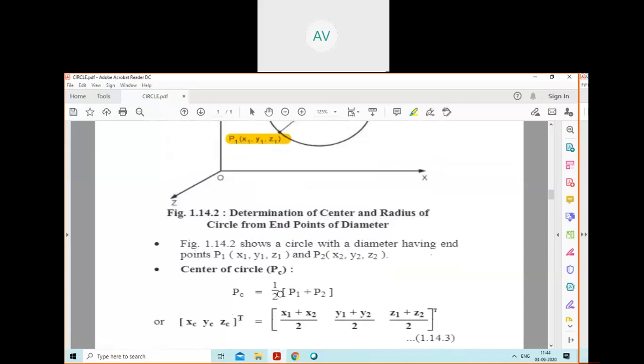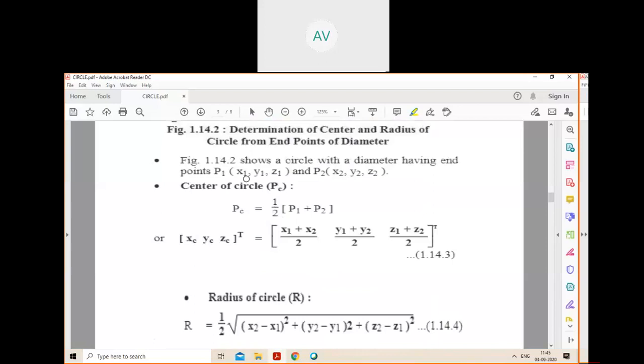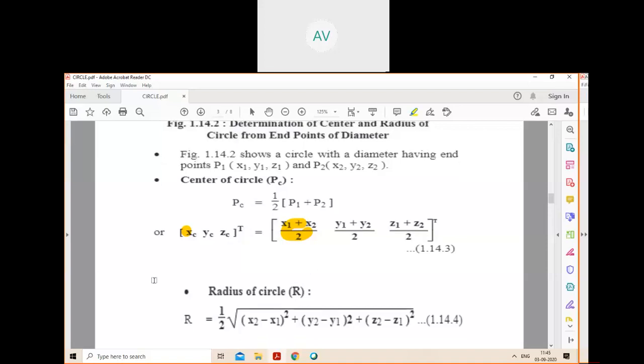To find the center of the circle, it is 1 by 2 of p1 plus p2. So it will be x1 plus x2 by 2, y1 plus y2 by 2, z1 plus z2 by 2. These values give xc, yc and zc. If you want the center of the circle from the diameter endpoints, you halve the sum.